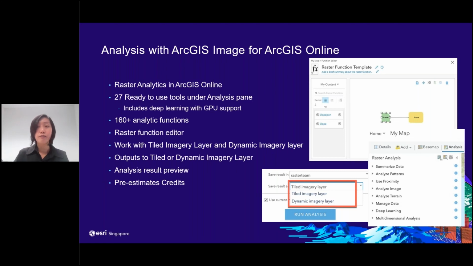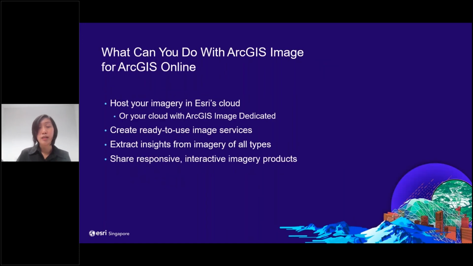And they will work for both tiled and dynamic imagery layers. These sophisticated raster analytics and deep learning models generate insights and data that can be shared along with the hosted imagery and image services. And all of this is now made available in a fast-free deployment model on the cloud.